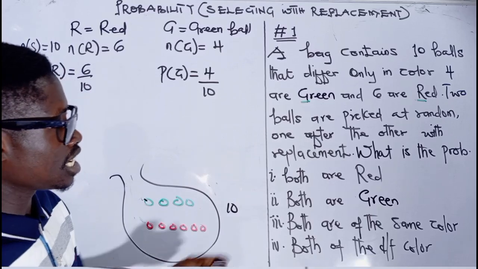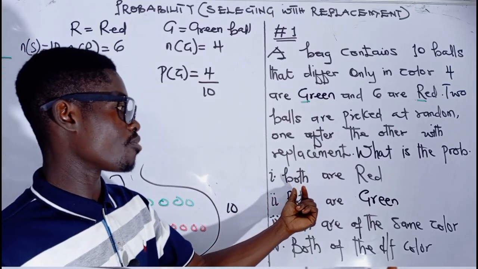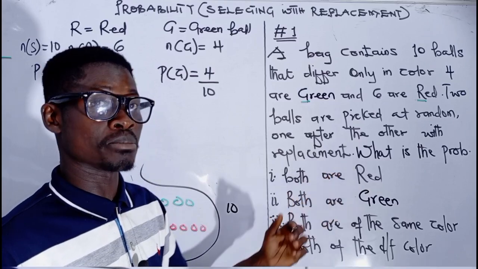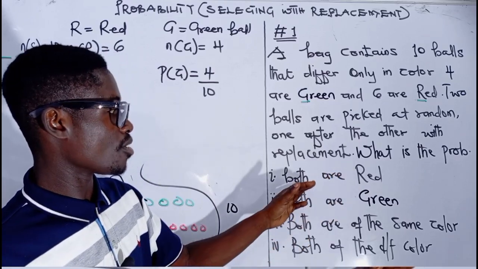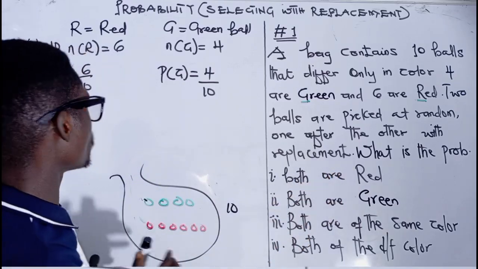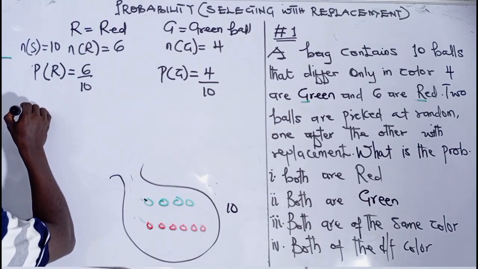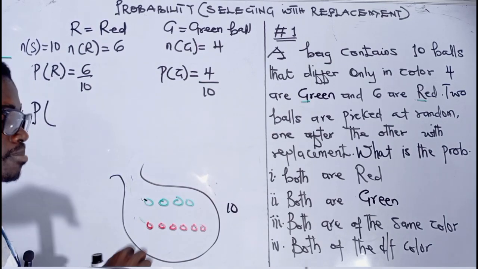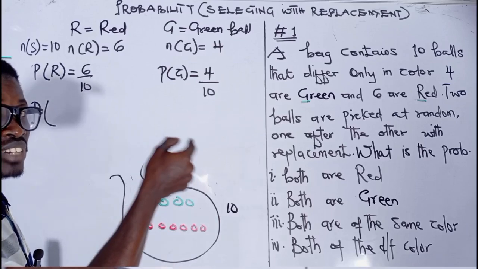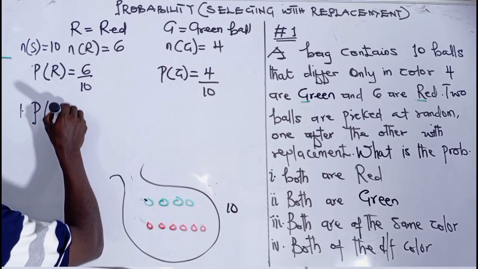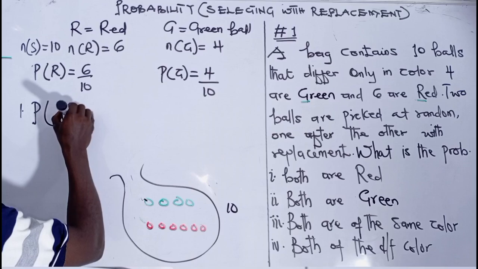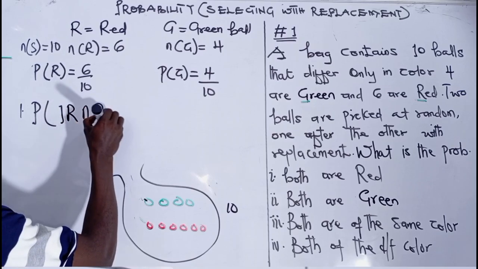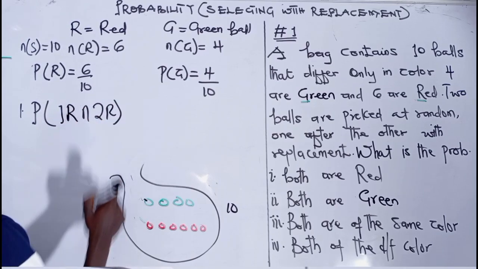Now once you know the probability of picking a green marble from the bag and then a red marble from the bag, let's proceed to find the probability of picking a ball from the bag of which both are red. So both of them being red means that the first marble that we are picking is red, and the second marble is also red.